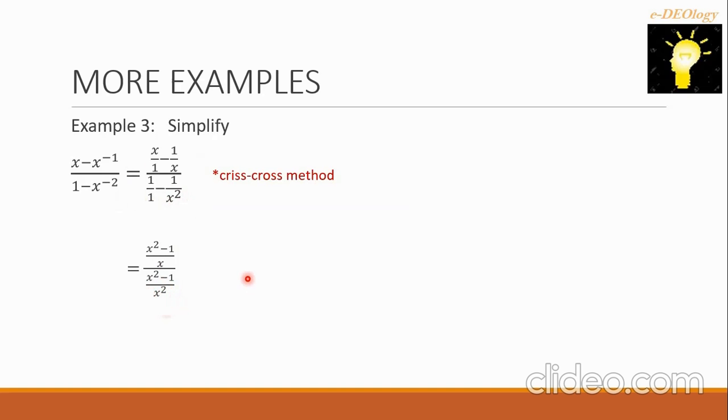The next is, I want to show this complex fraction like this. I took all the numerator, I will write it here, then I will write the division symbol followed by this denominator. As you see, this is x squared minus 1 over x, now copied here, then divided by this denominator, x squared minus 1 over x squared, which is now here.